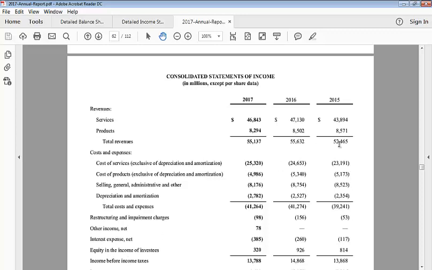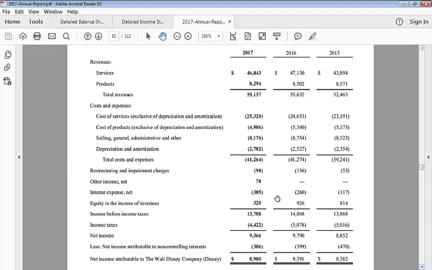Okay, so here I've downloaded Disney's annual report from their website, and in it we have their financial statements. We've got their income statement, their balance sheet, statement of cash flows, statement of retained earnings. All of those things are in there. And what I've got pulled up right now is just their income statement. If we look at it, we can see their revenues for each year. We've got the revenues broken down by service revenue and product revenue to get a total revenue number. And then we see some expenses.